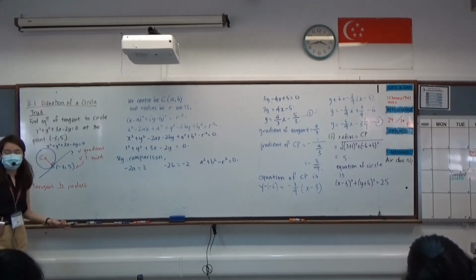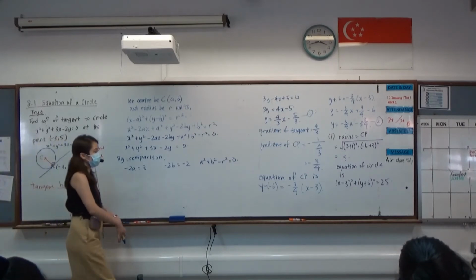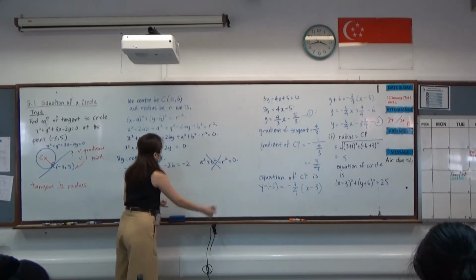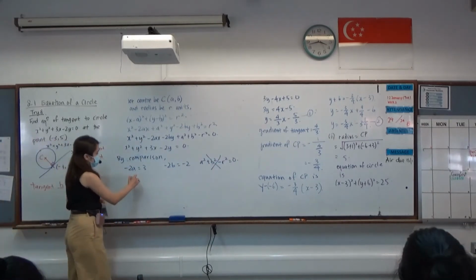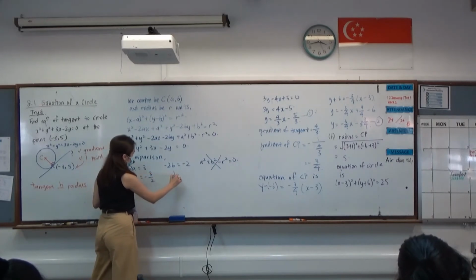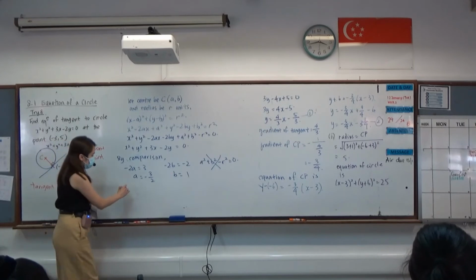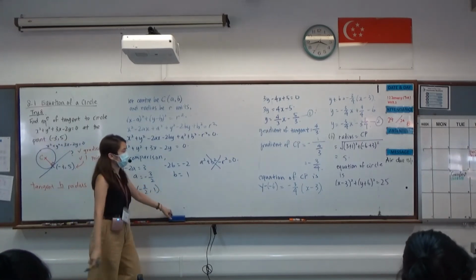Not necessary. So it's not necessary to know the radius. Actually, if you don't want to continue this one, it's also okay, because our key was to find out the center. So a is negative 3 over 2, b is 1. So we found the center.